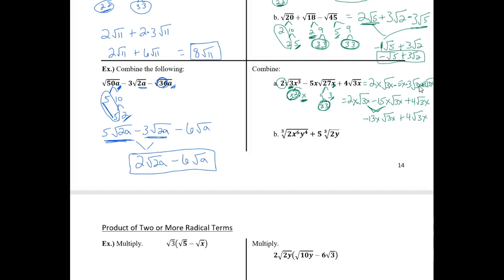So essentially what I'm going to do is factor out this common factor. Right? So if I divide out a square root of 3x, I want to know what's left. If I take out square root of 3x, I would have negative 13x plus 4. So you can see I'm trying to add them, but I can't really add them because they're not like.